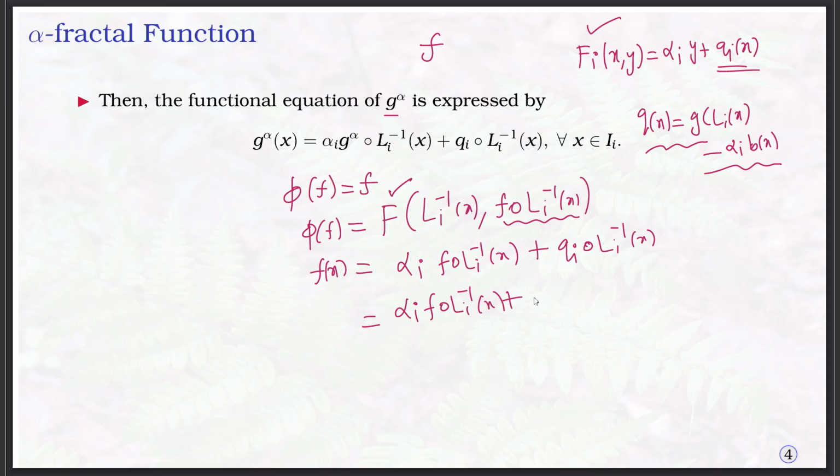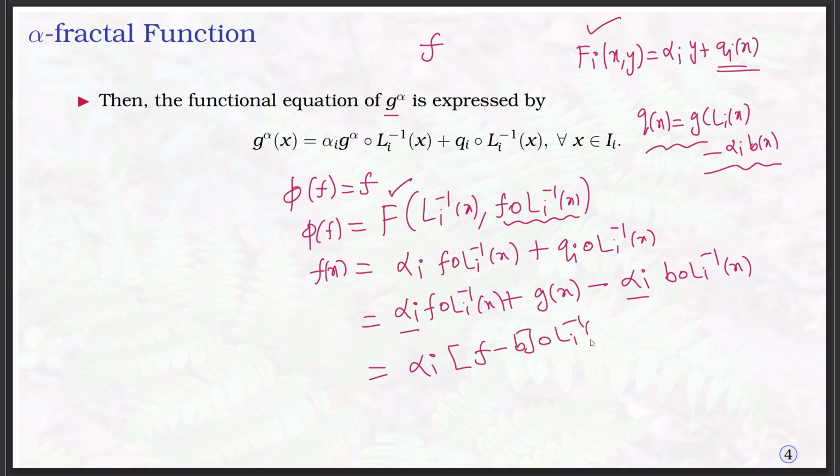Then if you are applying here, one can get g of x minus alpha I times b composition Li inverse of x. So if you replace q of x as a Li inverse of x, one can get this form. Now here you can take the scaling factors common, then this equation becomes f minus b composition of Li inverse of x plus g of x. So this is our f of x.